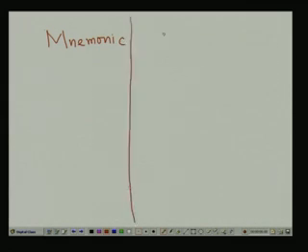Say we have 11 instructions defined for this example CPU, and these instructions in short form we call mnemonics. So, we write the mnemonics. Then the opcode bits.